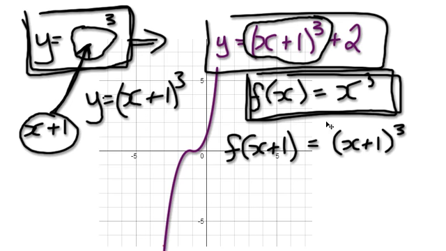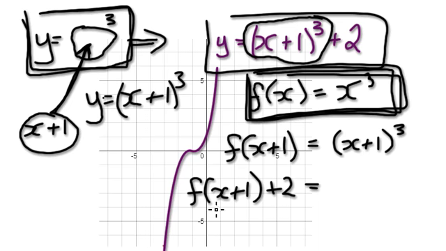Okay, and then our next step is to apply, well, currently we are here, so we want to move it up by 2. So we would apply this transformation here, f of x plus 1 and then plus 2. So that means, given that f of x equals x to the power of 3, when we apply this transformation it really becomes (x plus 1) to the power of 3, and then we would add 2.